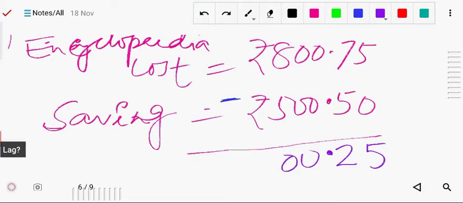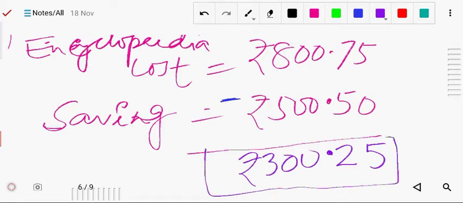Okay, so now you can see the more amount he needs to save, that is rupees 300.25. If he saves 300.25 more, then he will be able to buy that encyclopedia book. Okay, so you have to do it like this. Understood?